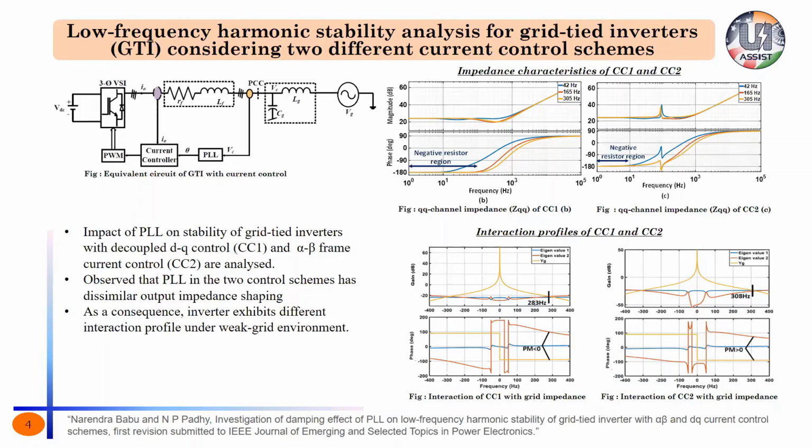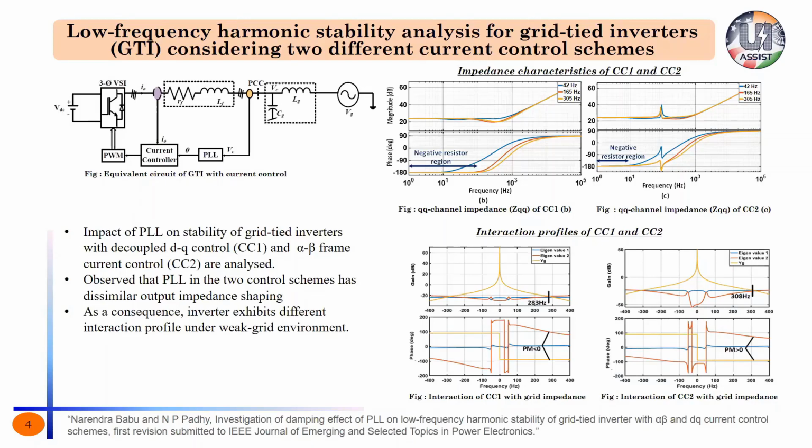If I consider a normal grid-tied inverter with current control, it will have a current control loop as well as a PLL loop. The inverter output impedance is very much dependent on these control loops, because each control loop has its own time scale, which can shape the inverter output impedance.